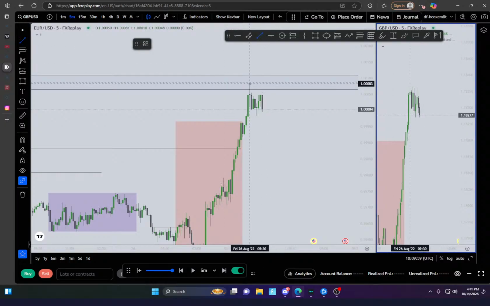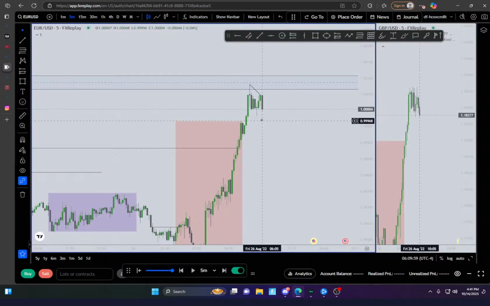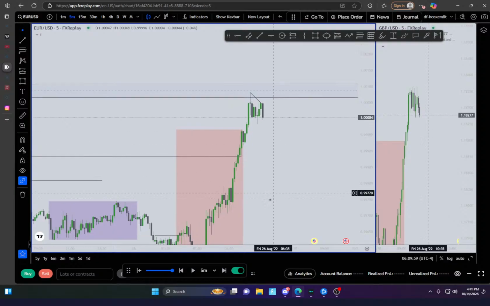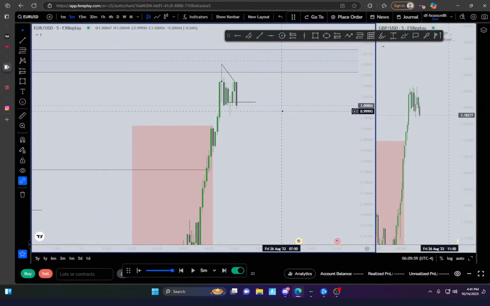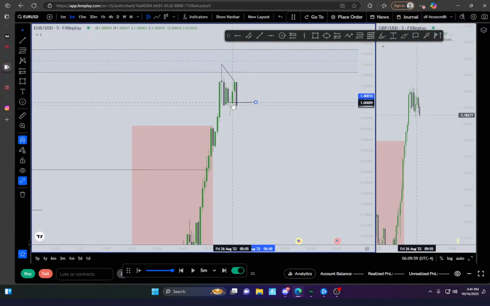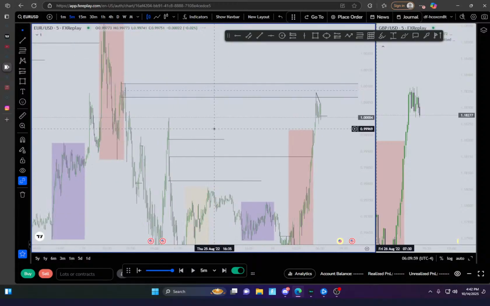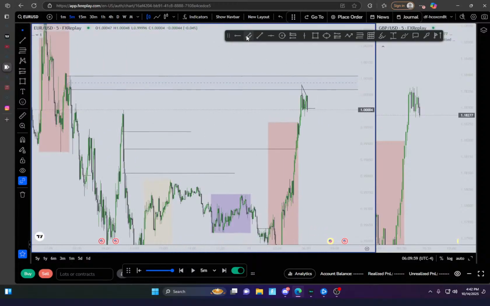Okay, so now this is looking great. Actually, SMT here, we start to manipulate higher, and then we have a change in state of delivery, which does not look like the cleanest setup. So we did just sweep out all these highs, irrelevant highs, really, to be honest with you.